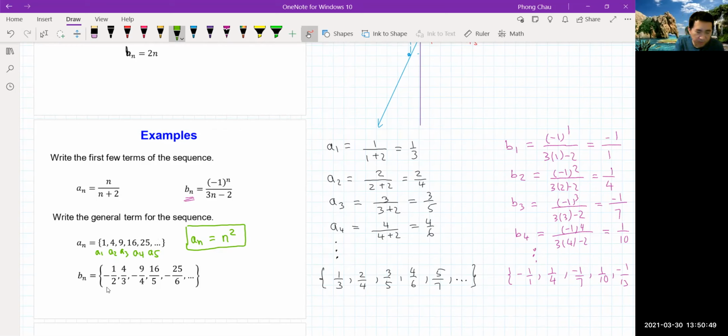Now for b sub n, it's a bit harder. This is your b1, this is b2, b3, b4, and b5.